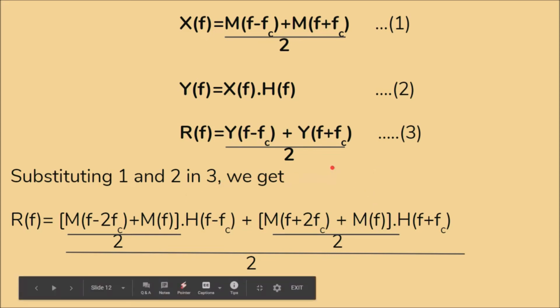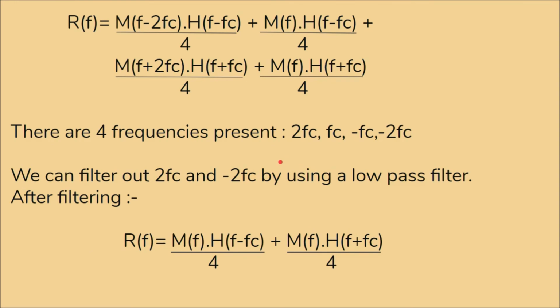Now if we simplify this expression, we get M(f - 2fc)H(f - fc)/4 + M(f)H(f - fc)/4 + M(f + 2fc)H(f + fc)/4 + M(f)H(f + fc)/4.